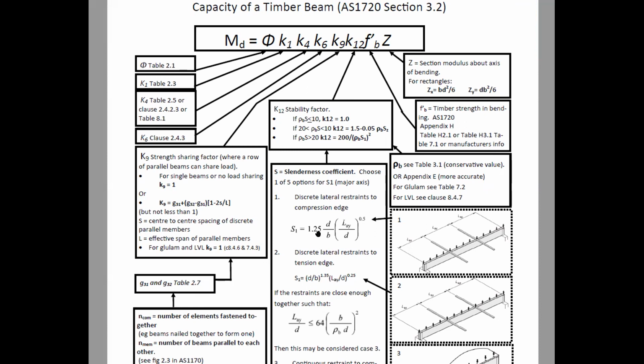So we've got to find the phi value. Now the phi value is a strength reduction factor, it's a capacity factor. And this is the table here for that.